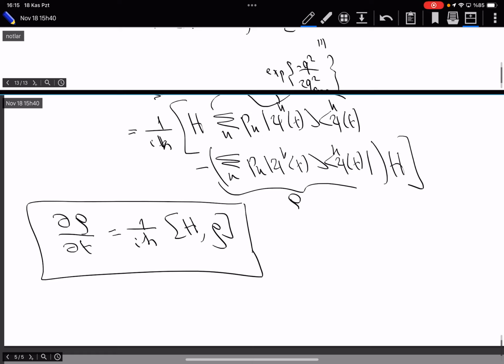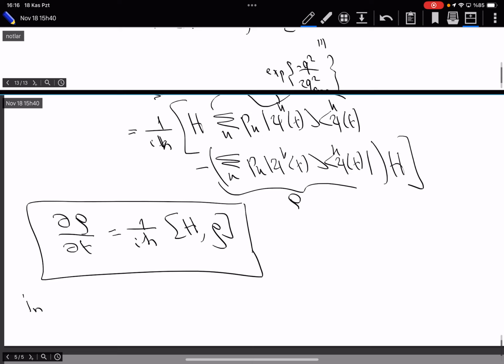In the end, our conclusion would be that whatever we had used before, we are justified to continue using the same approach in quantum mechanical systems. So this already tells me, and this is general, that if you have any system, whether it's interacting with the environment or not, the time derivative of the density matrix corresponding to that system is given by the commutator of the density matrix with the Hamiltonian of the system.